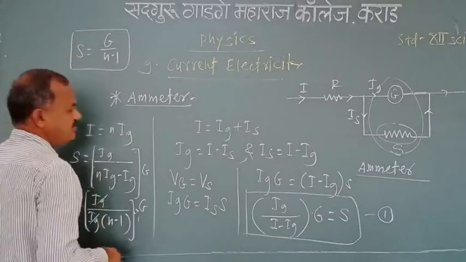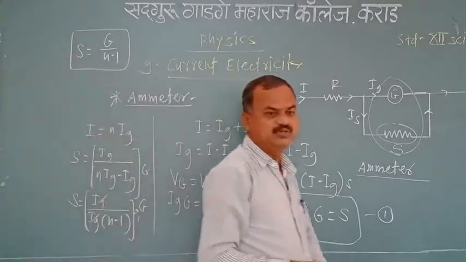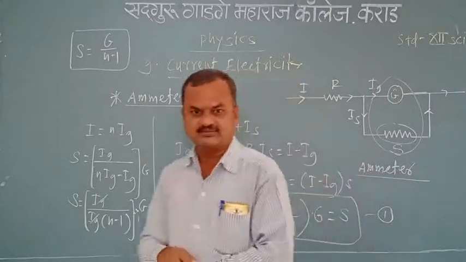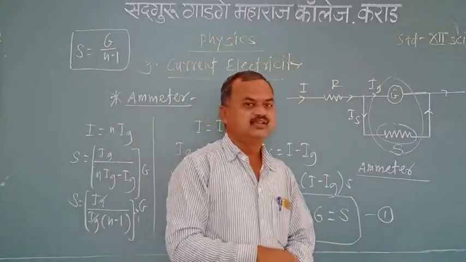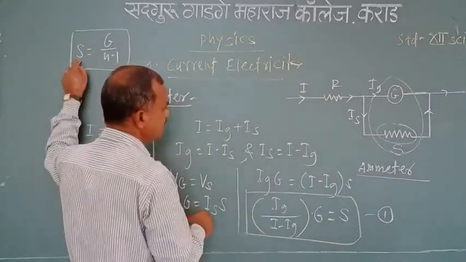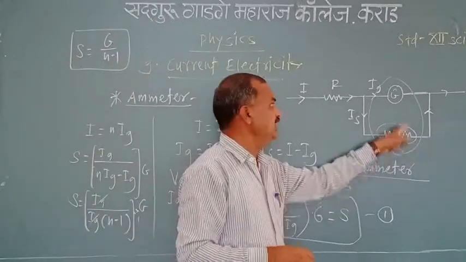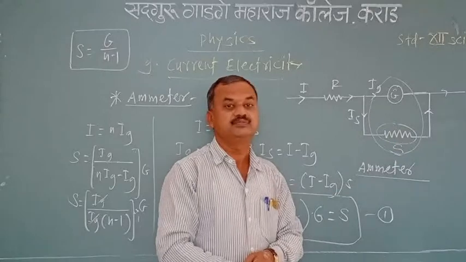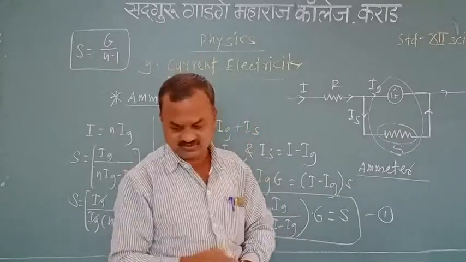This is another formula for determination of S in terms of the factor N. That means this amount of shunt is to be connected across G to increase the range of that instrument N times.